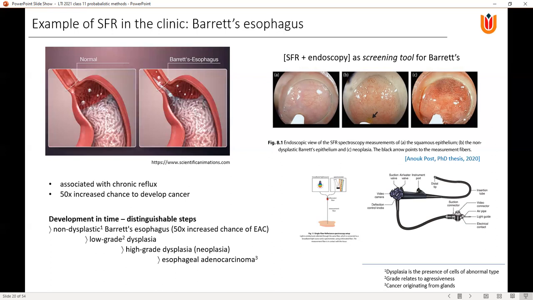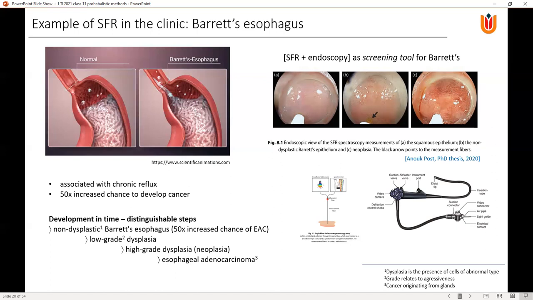That would work something like this. We would take an endoscope. I'm not sure if you can read labels. It would look like this. So this is the part that goes via the mouth to the esophagus.